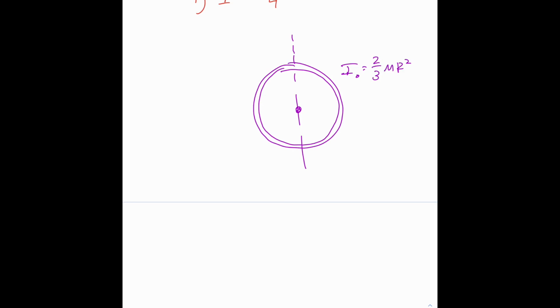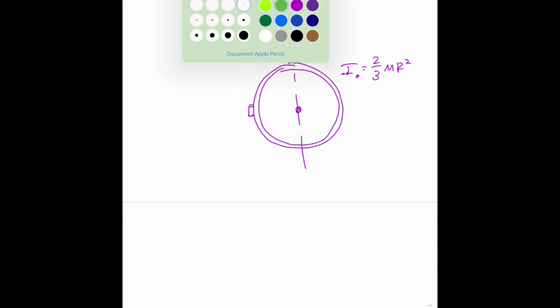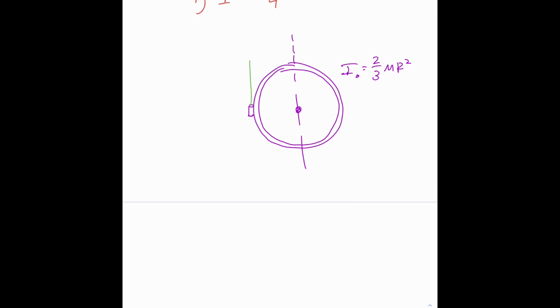But what if we welded or somehow adhered some small little tube to the edge of it such that we'd be able to pass a rod through there? And so we've shifted the axis, and now we're going to take this whole object and spin it around this new axis.